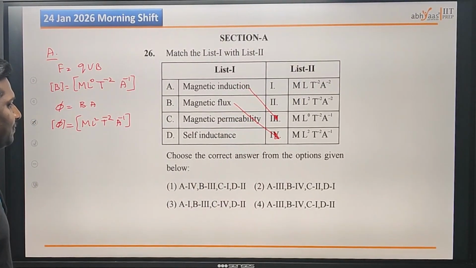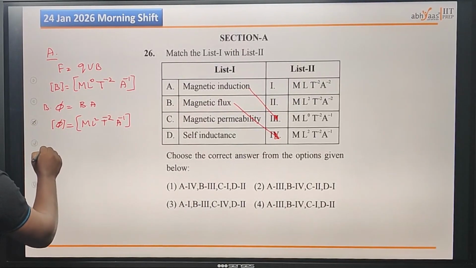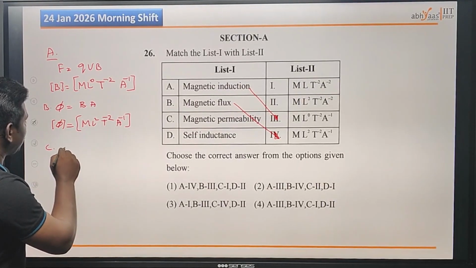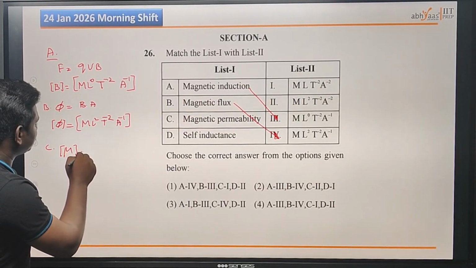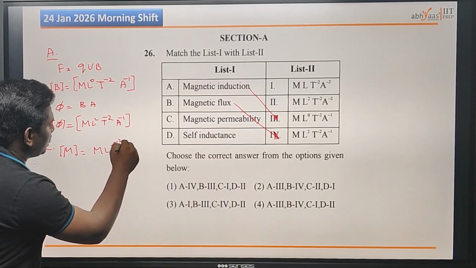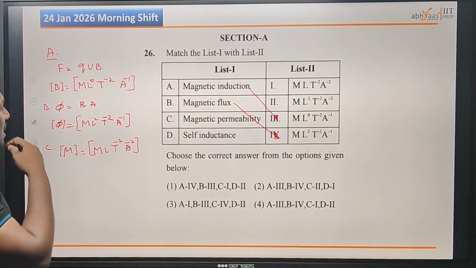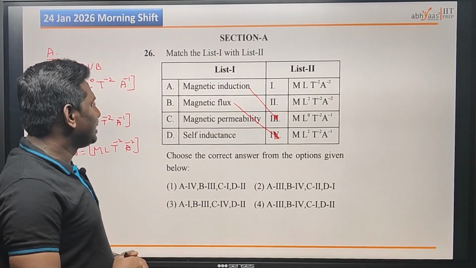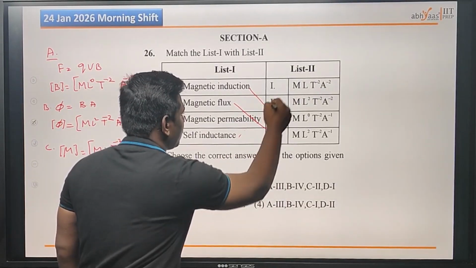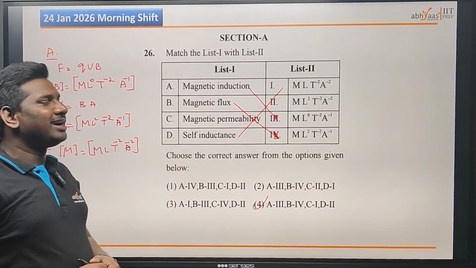Next, option C is nothing but magnetic permeability. Magnetic permeability mu can be written as M L T to the power minus 2 A to the power minus 2. That is the magnetic permeability dimensional formula, which is option 1. So from this, option 4 is the right answer.